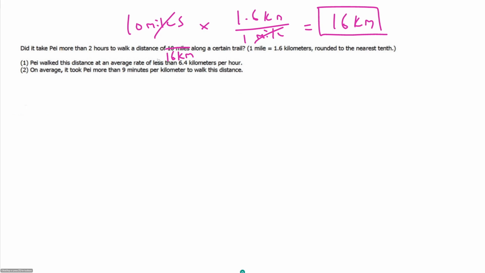How else can we rephrase our prompt? They are asking us for the time, but I think it would be better if we put this in terms of the rate. If they're asking, did it take Pay more than 2 hours, they're really asking, is our rate less than 16 kilometers per 2 hours, which is just 8 kilometers per hour?